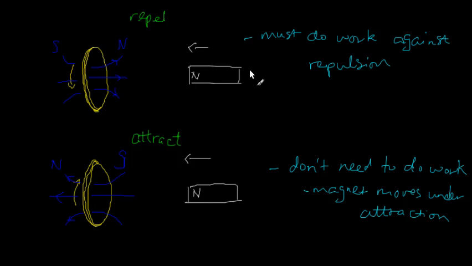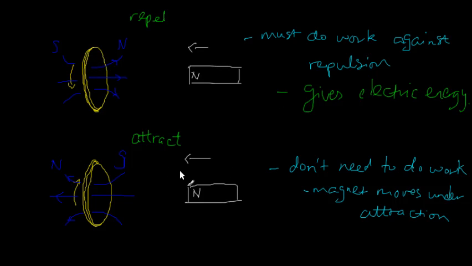In the first case, because I have to do work to push this magnet against the repulsion, I have the answer. The electric energy comes from the work done down here. So the work that I do, the energy that I use to do the work, is converted into electrical energy. Energy is conserved.